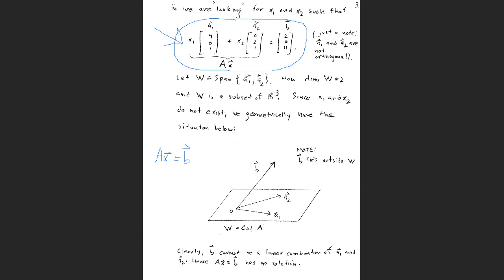So that means there's no linear combination of vectors A1 and A2 that would equal the vector B.